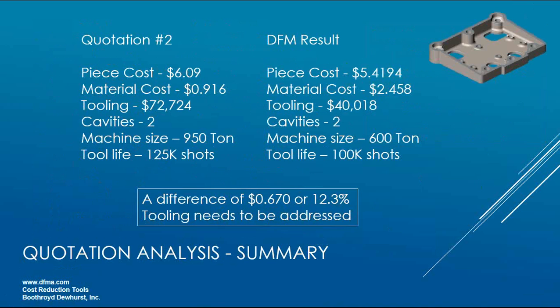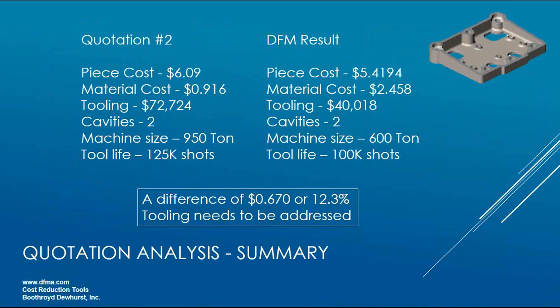However, I should have put it in italics or made asterisks around it, that the tooling does need to be addressed, that it seems that they're significantly overcharging us for the cost of tooling. And I'm also paying, in a sense, for some additional capacity.